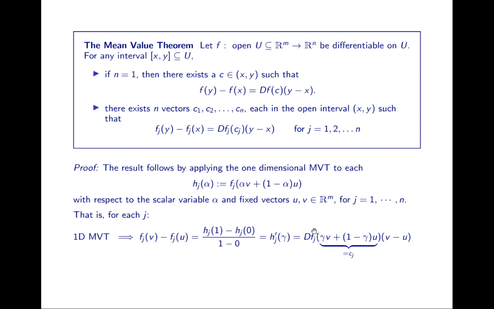Again, if I disregard my j's, then I have exactly this statement, and if I add my j's, I have exactly this statement, so long as this is the c on the open interval.